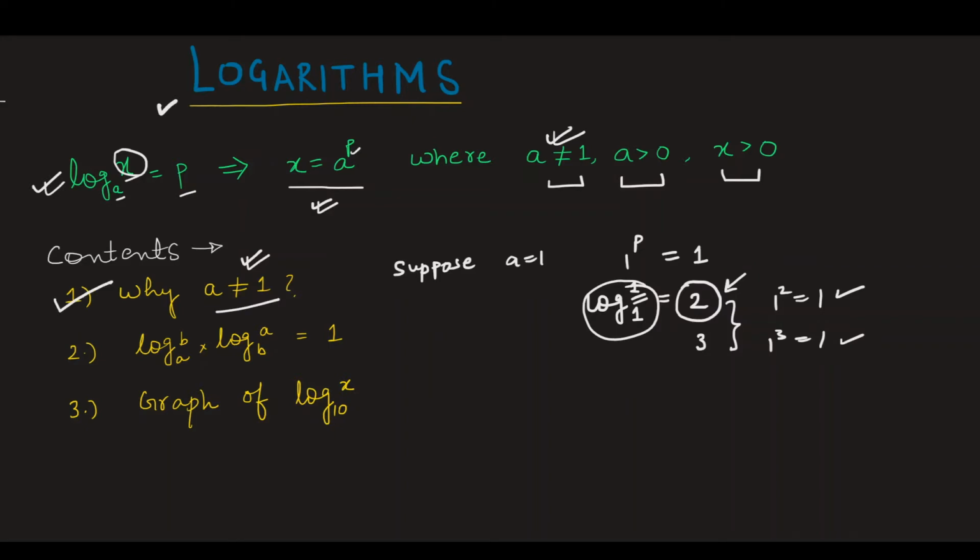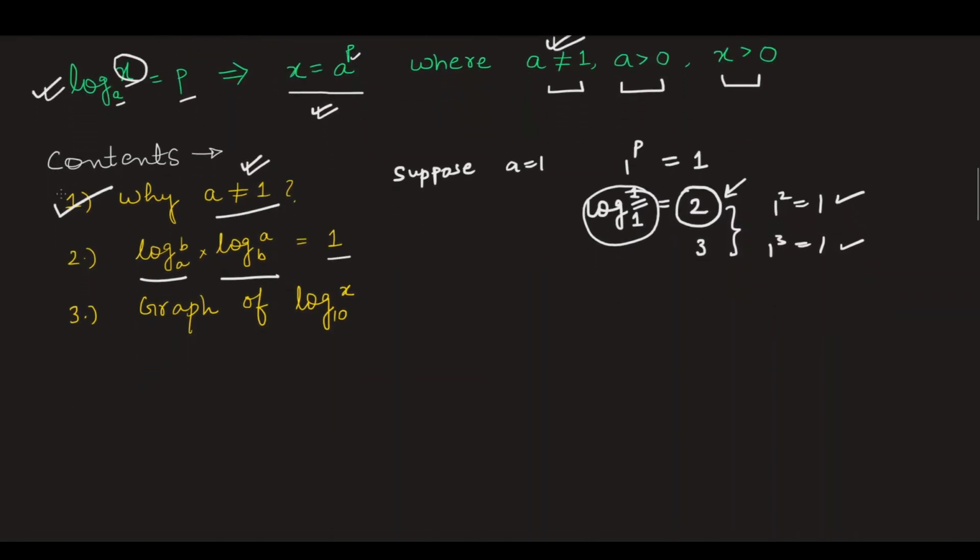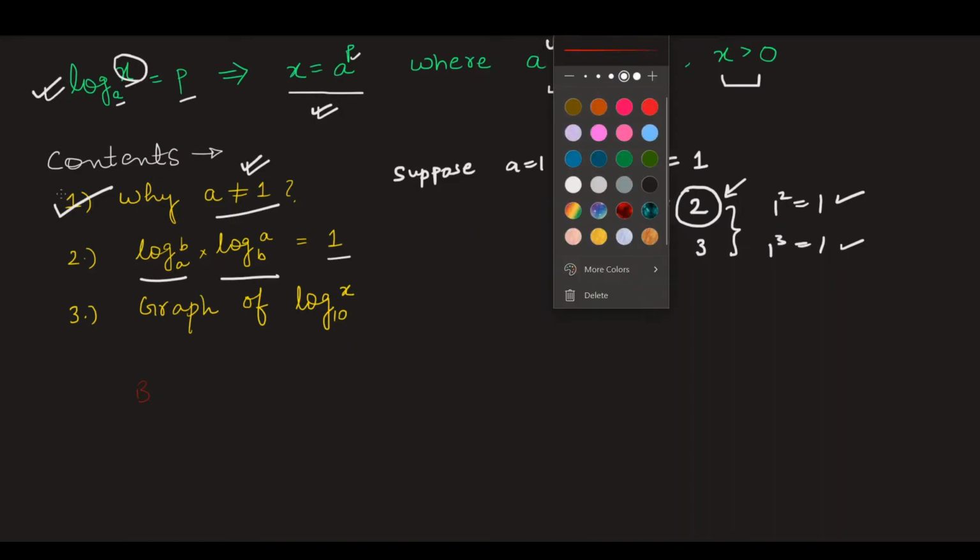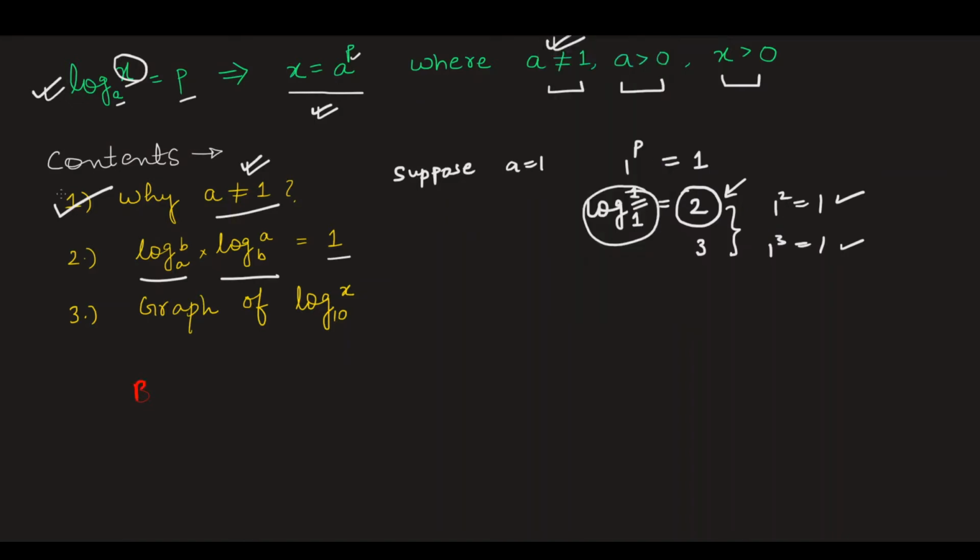Then we want to look at log b to the base a into log a to the base b being equal to 1. We want to prove this. So from the base change property, what was the base change property?